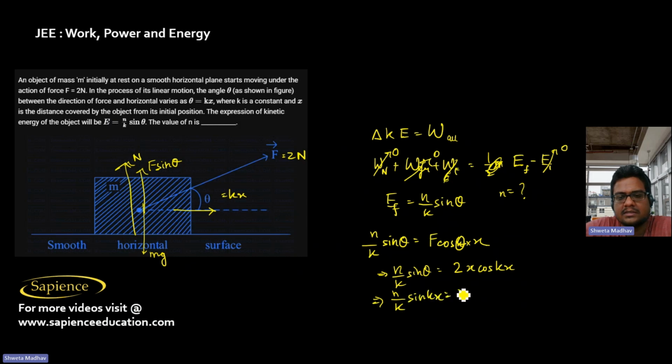So n by k sine kx is equal to 2x cos kx, which is the kinetic energy of the object.